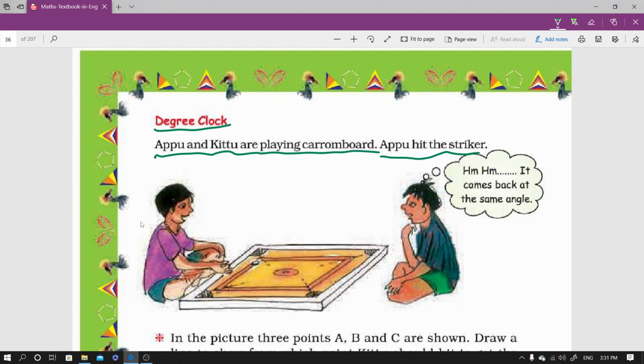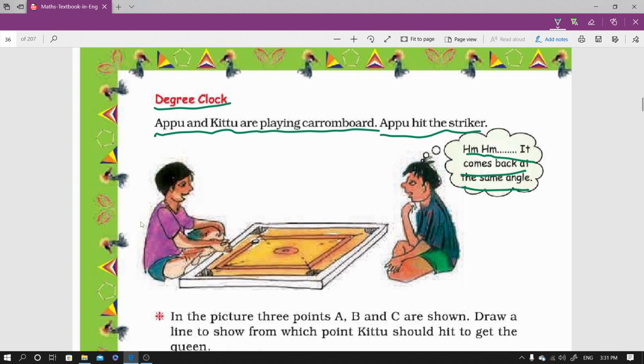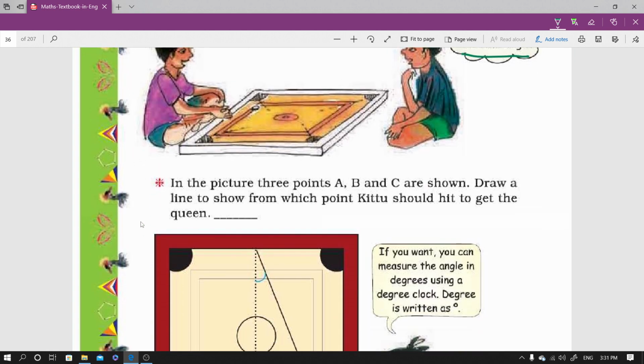Appu hit the striker. It comes back at the same angle. In the picture, points A, B, and C are shown. Draw a line to show for which point Kittu should hit to get the queen.